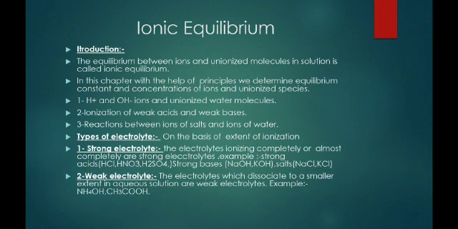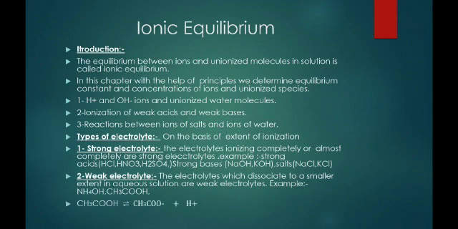NH4OH is a weak base and CH3COOH is a weak acid. So these substances dissociate to a smaller extent, means partially dissociate, and an equilibrium exists between dissociated ions and undissociated molecules.